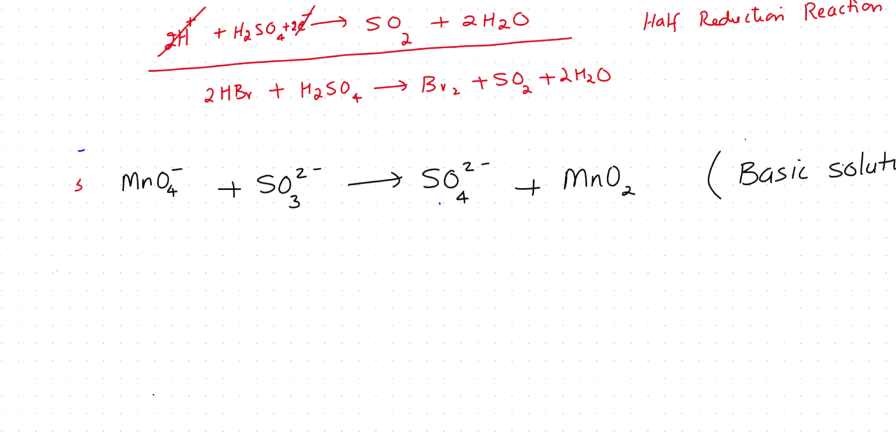We break it into two half reactions. So the first half reaction is MnO4 negative changing to MnO2. Another half reaction is SO3 2 negative changing to SO4.